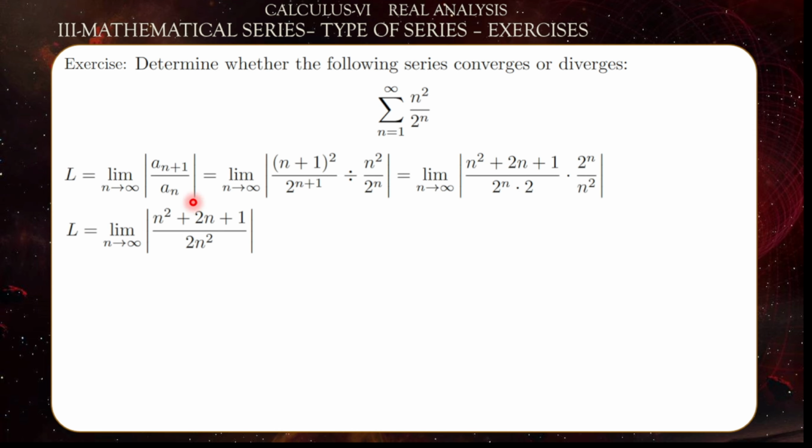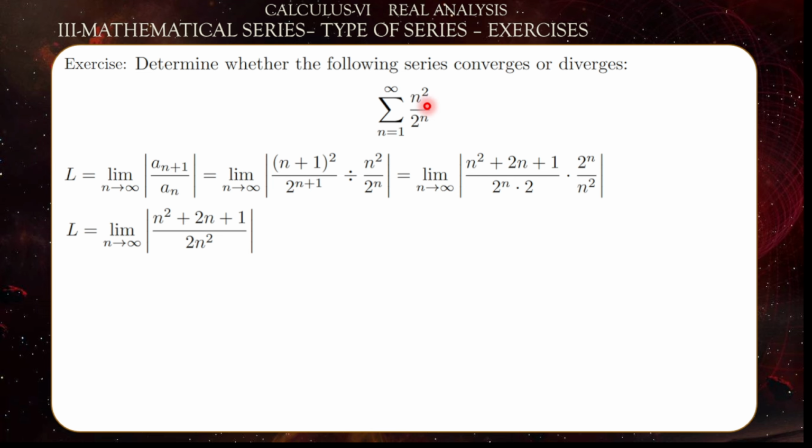Okay, so using the ratio test, L equals the limit as n approaches infinity of the absolute value of a_(n+1) divided by a_n, which is equal to the limit as n approaches infinity of, for a_(n+1), you replace n by n plus 1.